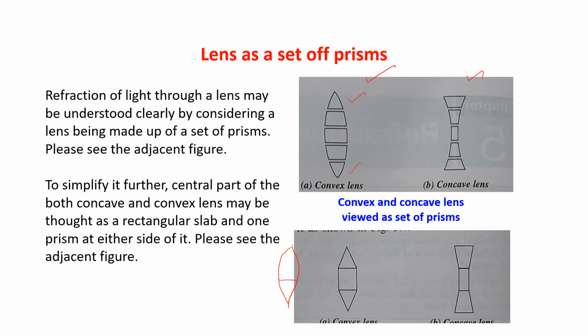Now if we divide it into three parts, the upper and the lower parts are considered to be prisms, and the middle one is considered to be a rectangular glass slab. The same thing is happening for the concave lens. The two halves are acting like prisms and the middle one is acting like a rectangular glass slab.